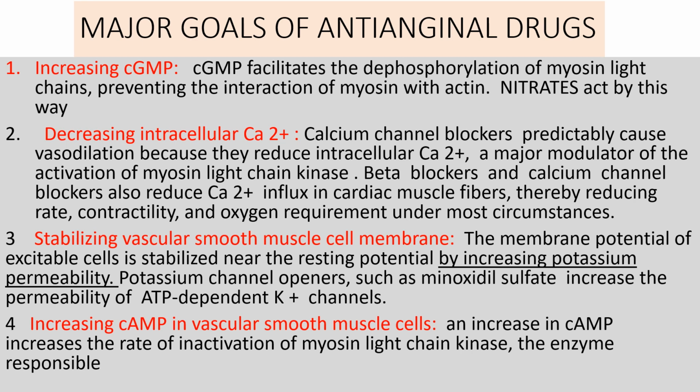The other thing is decreasing intracellular calcium. Now why are we worried about calcium? What does calcium do? Normally, for any kind of interaction of myosin and actin, we need intracellular calcium. So calcium channel blockers predictably cause vasodilation because they reduce intracellular calcium, and calcium is a major thing required for the activation of myosin light chain kinase.